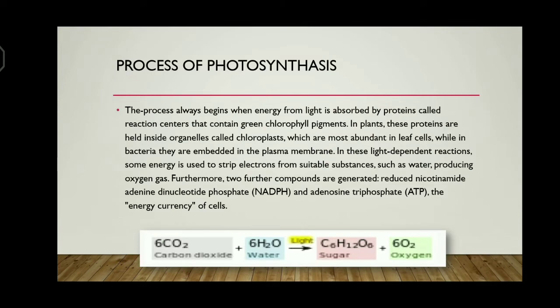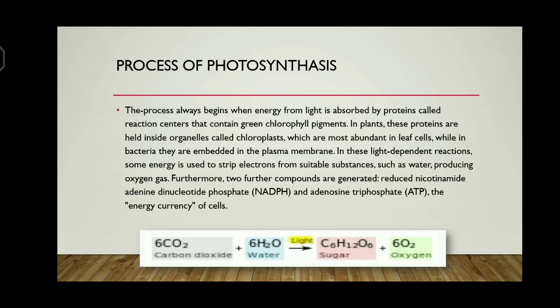Point number 5, the process of photosynthesis always begins when energy from light is absorbed by proteins called reaction centers that contain green chlorophyll pigment. In plants, these proteins are held inside organelles called chloroplasts, which are most abundant in leaf cells. In bacteria, they are embedded in the plasma membrane.